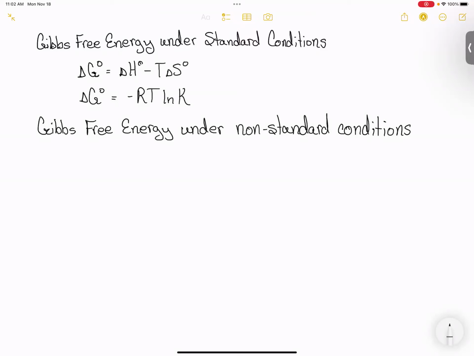Gibbs free energy can be calculated as delta G naught is equal to the delta H of the reaction minus T delta S for the reaction. We can also relate Gibbs free energy, which tells us whether a reaction will occur, meaning is it going to occur in the direction it is written, with the equilibrium constant. And that equation is delta G naught is equal to negative RT natural log of K, where K is equal to the equilibrium constant.